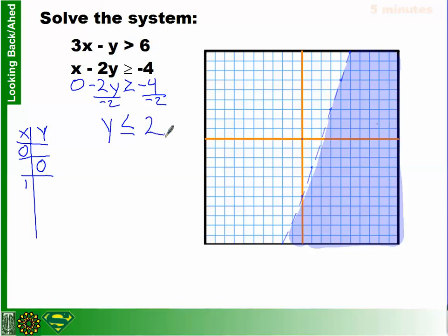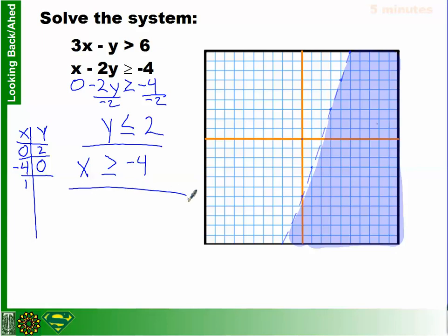So y is less than or equal to 2. Then I'm going to plug in 0 for y. So I have x. Well, negative 2 times 0 is just 0. So I have x is greater than or equal to negative 4. I'll put that in my table.